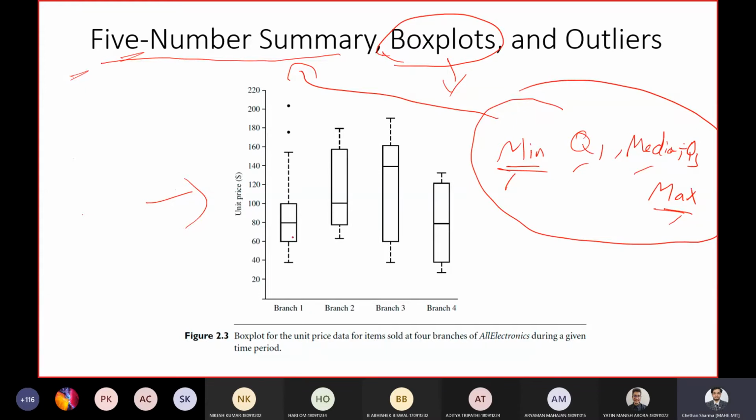This is very important. Just consider this part. The first line here and the third line here give you Q1 and Q3 respectively. The middle line here gives you Q2.